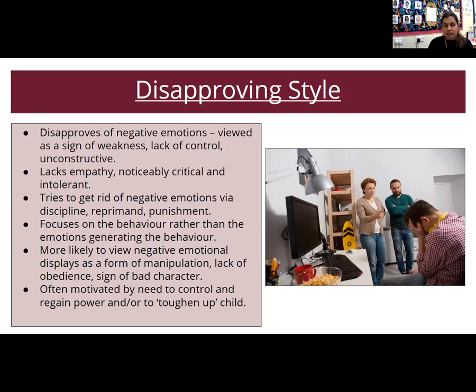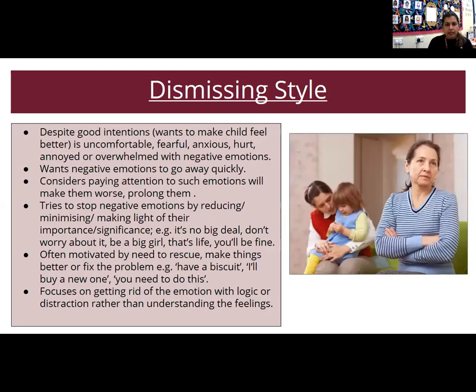It tries to get rid of these emotions by punishment, belittling as well. It focuses on the behaviour rather than the cause of that, so going back to that iceberg model, the top of the iceberg rather than underneath. And it's got this notion of toughening up the child, of weakness as well.